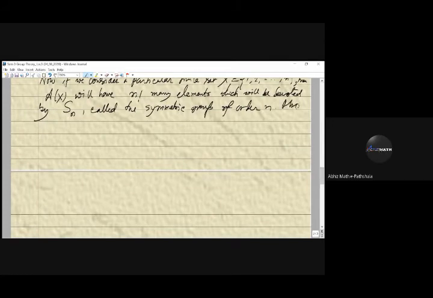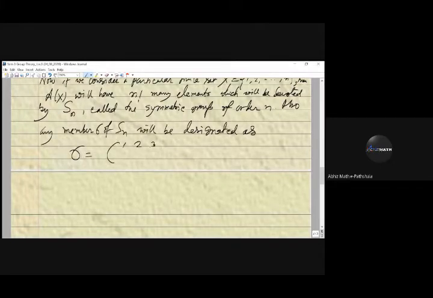Also, any member sigma of Sn will be designated as 1, 2, 3, ..., n, and below it you put sigma 1, sigma 2, sigma 3, ..., sigma n.